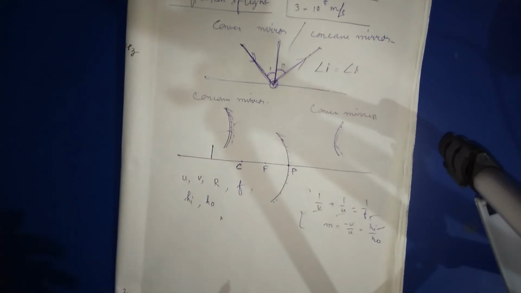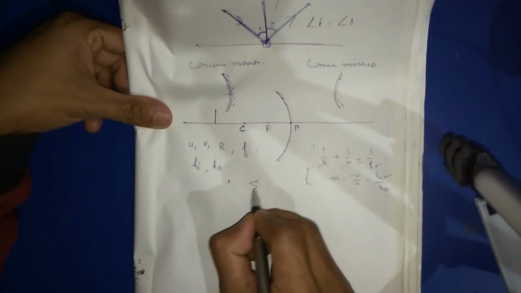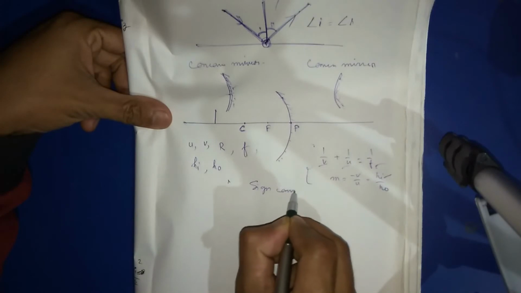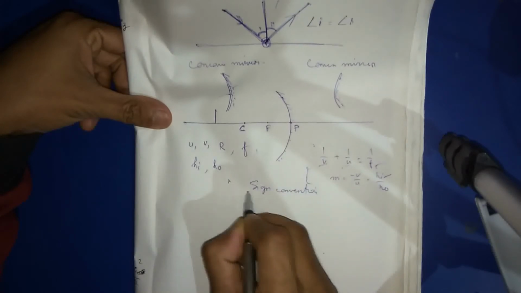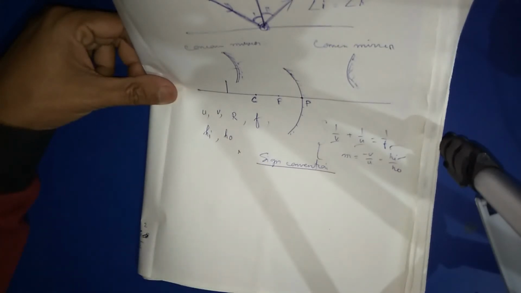Okay, now coming back to the sign convention. Sign convention is required in order to know the nature and position of the object and the image when we draw a ray diagram.